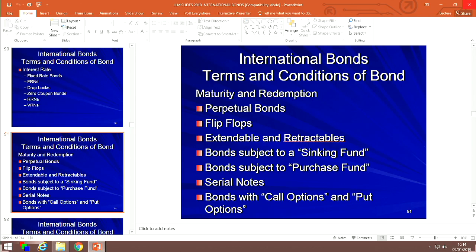Now, note the difference. In a sinking fund structure, the redemption is at face value, not at market price. And that sometimes works unfairly, because you could be holding a bond which is now trading at 105% of face value in the markets, and then suddenly it's caught by a redemption clause and it's redeemed at 100% of face value. You lost 5%.